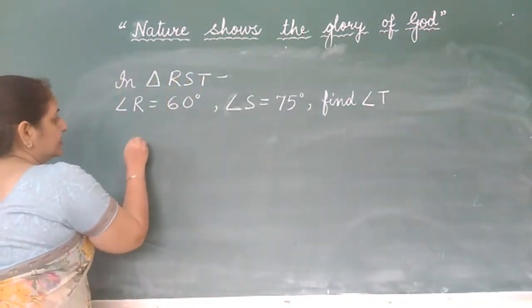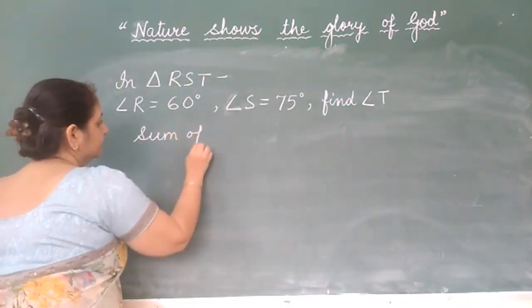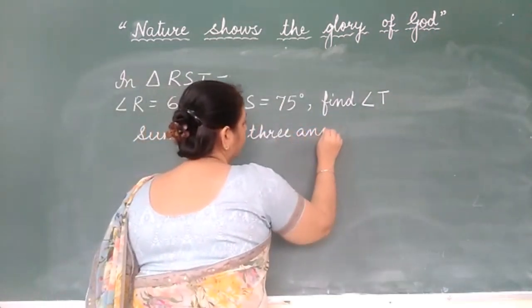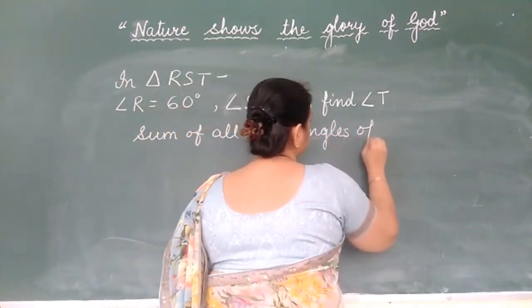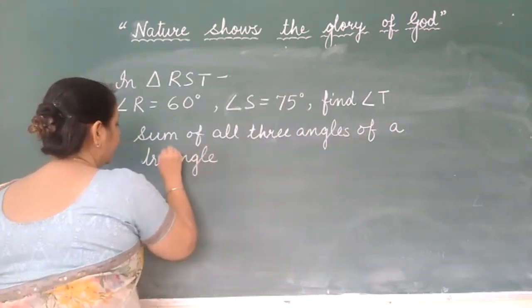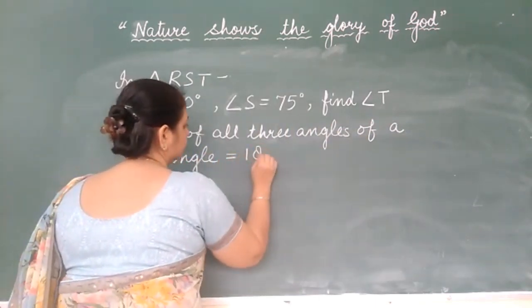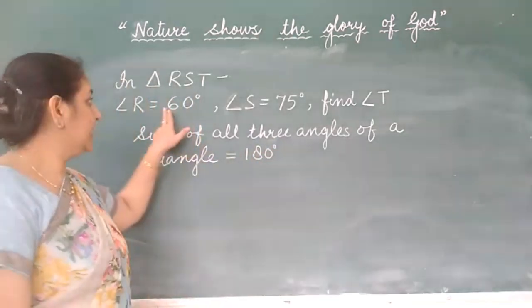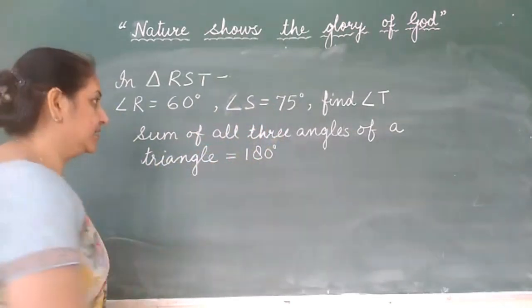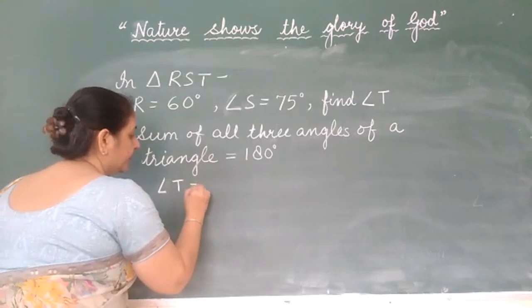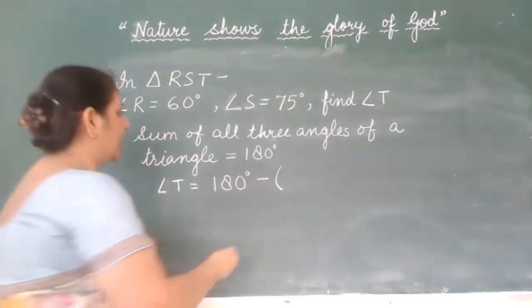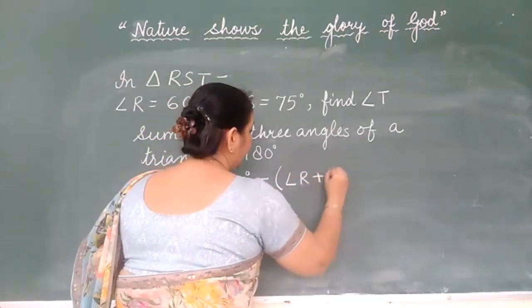As we know, the sum of all the three angles of a triangle is always 180 degree. We will get the sum of the two given angles and we will subtract it from 180 degree. So to get angle T from 180 degree, we will subtract the sum of angle R and angle S.